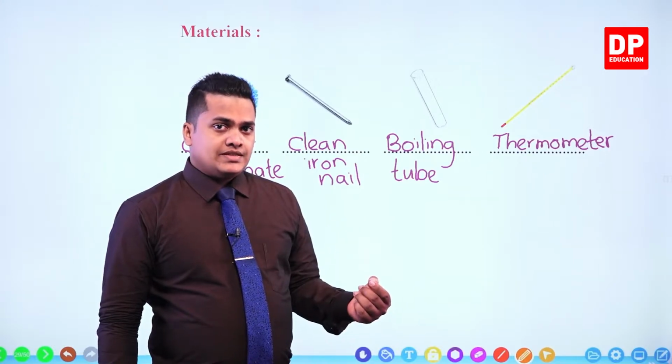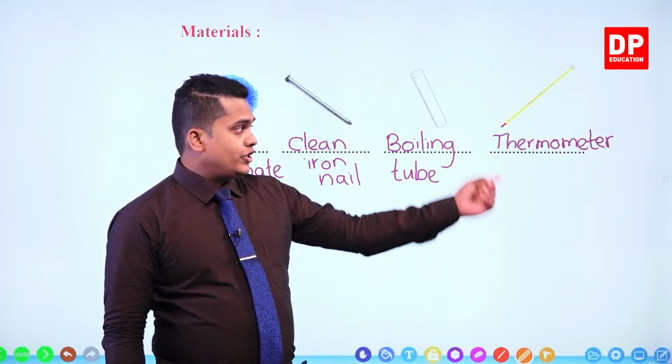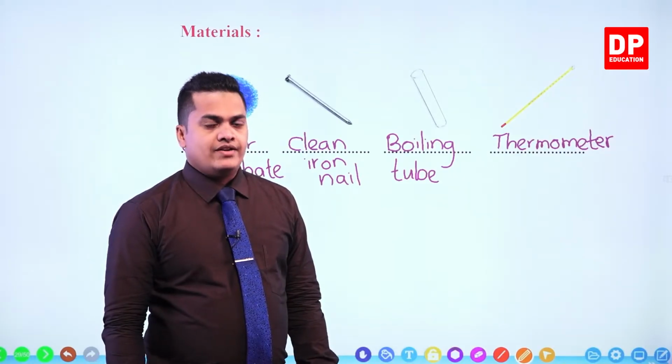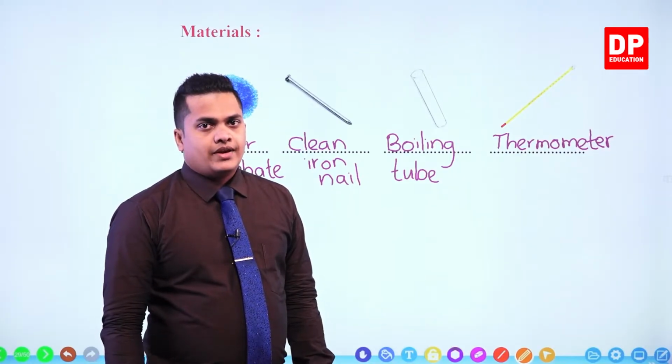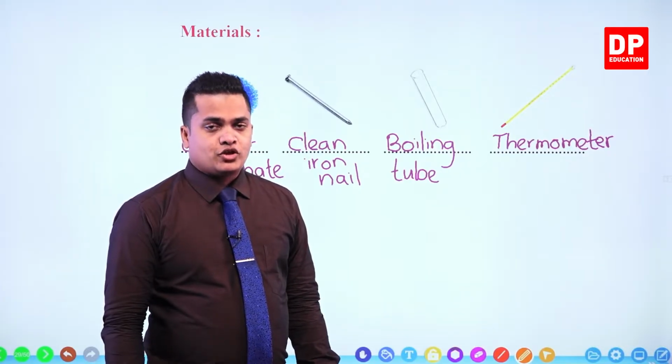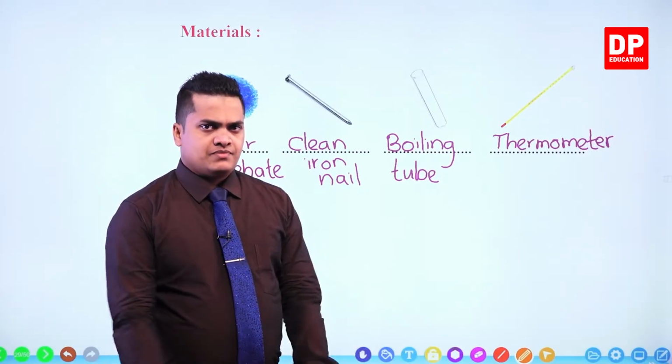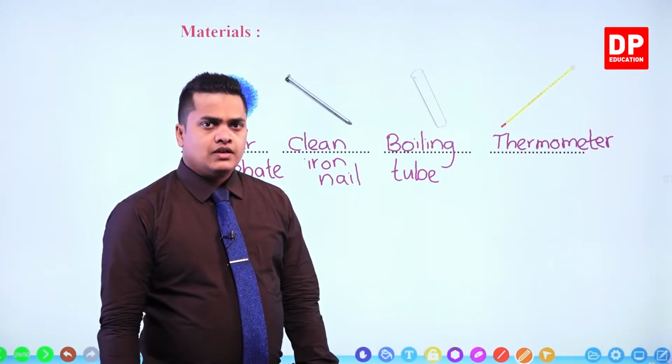When I insert the iron nail, I'm going to check the initial temperature of the system and record it down. Then I'm going to leave it for some time and observe.